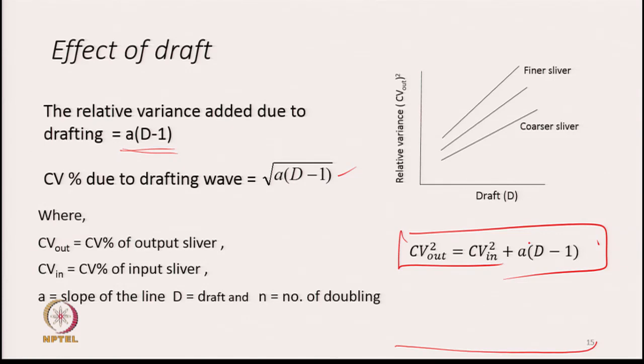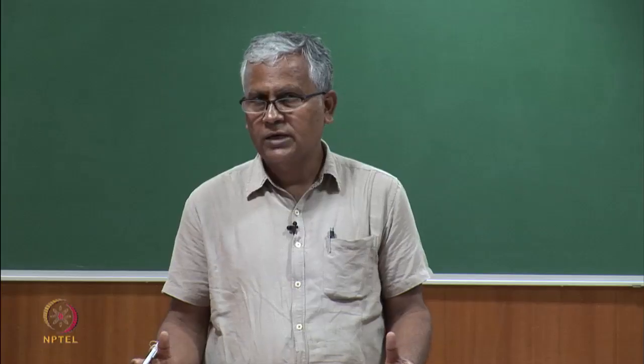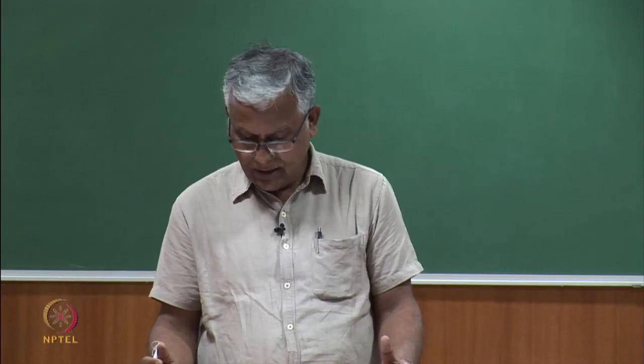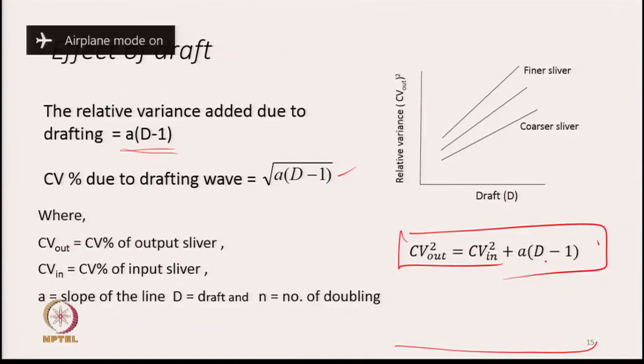If d is 1, the draft 1 means there is actually no draft. In that case, the right hand part will be 0, and CV squared out and CV squared in, the input and output, will be the same, because when the draft is 1, there is no drafting at all, and draft cannot be less than 1.